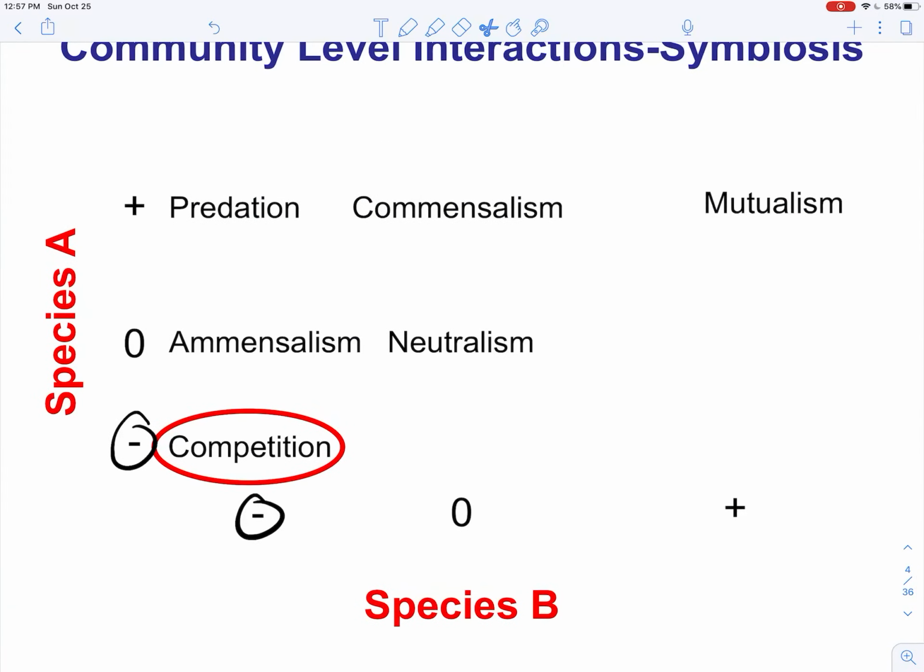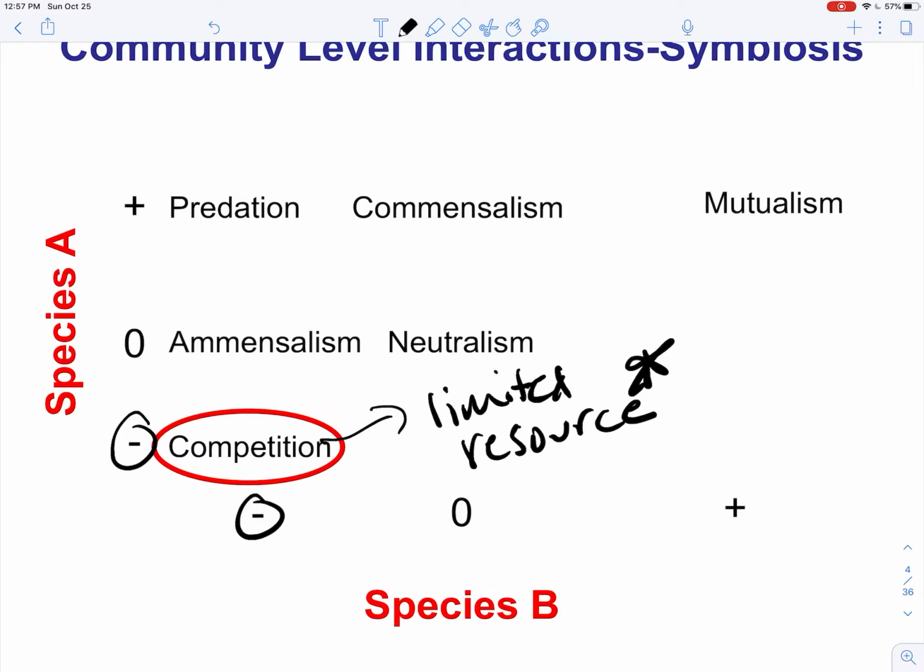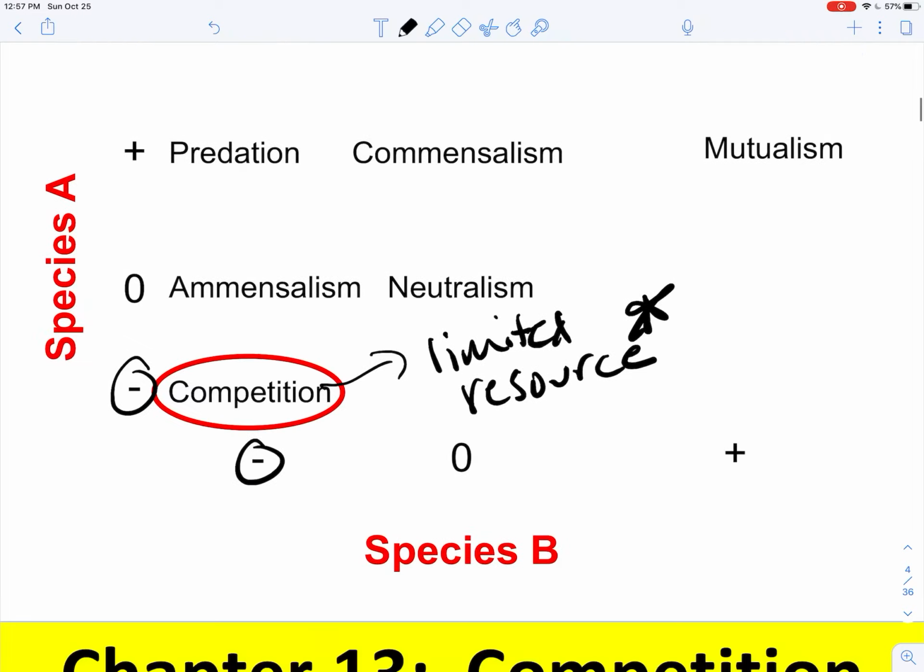With competition, one thing that's really important to understand is that there must be a limited resource to compete for. If there's no limited resource to compete for, competition isn't truly happening. Chapter 13 in your book focuses on competitive interactions.